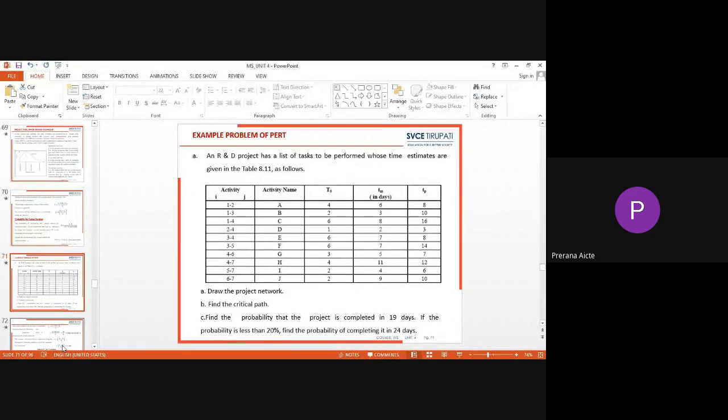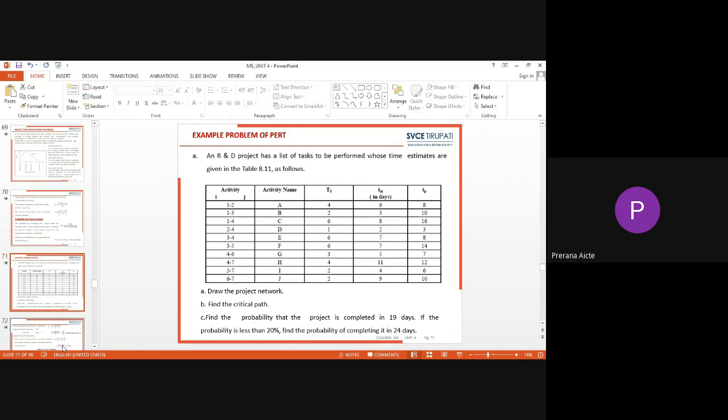Now, if you observe this table, there are different activities, like activity Ij. Ij is representing 1, 2, 1, 3, 1, 4, and so on. In the first activity, 1, 2, the 1 represents the starting node and 2 represents the ending node. That is, 1 is assumed to be the tail node and 2 is the head node.